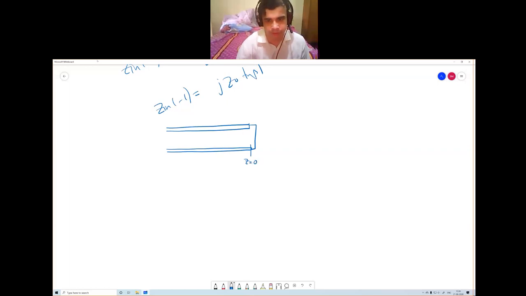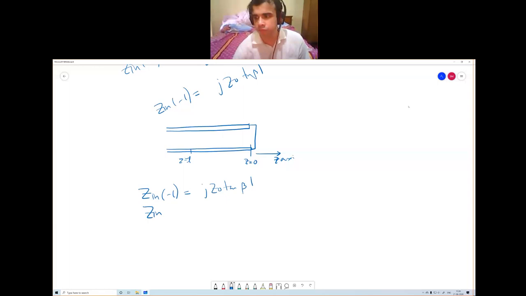This was the Z axis, and this point here is L. Now you see that Zin of minus L we can just calculate as JZ0 tan of beta L. So what is Zin of 0? 0.